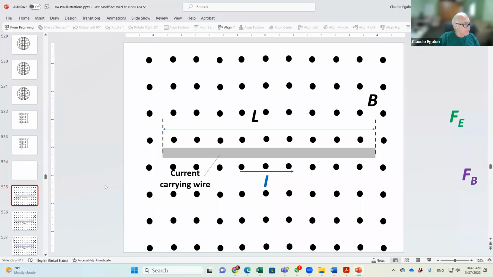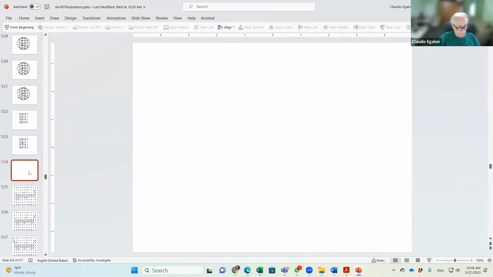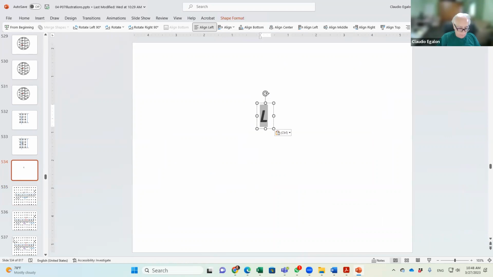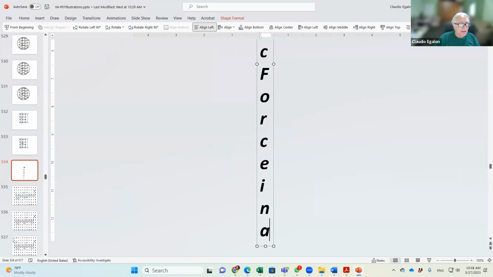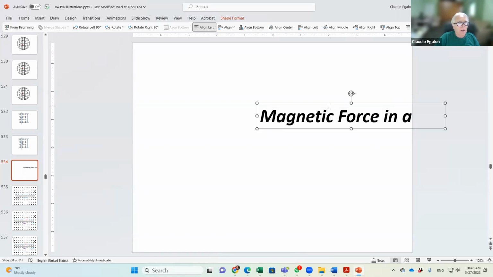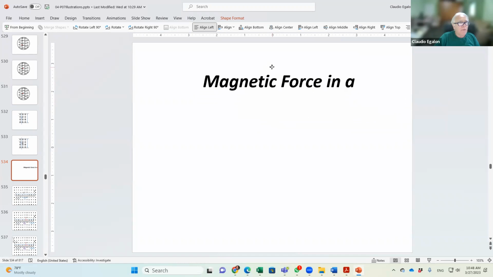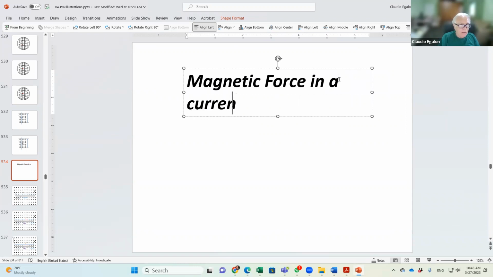Magnetic force in a current carrying wire.